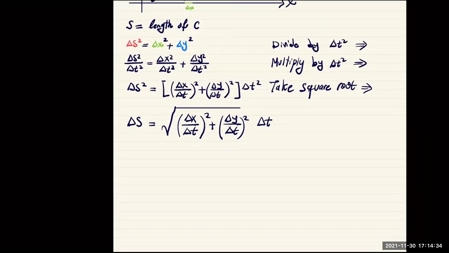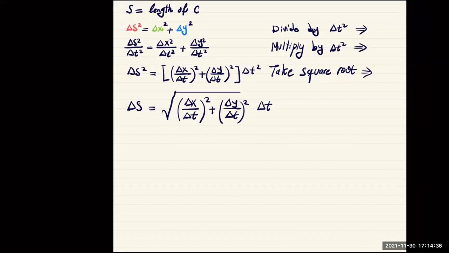So to find s, we do the integral from t equal to a to t equal to b of, now when the number of partitions goes to infinity, from calculus 1, delta x becomes dx, delta t becomes dt, delta x becomes really, really small.